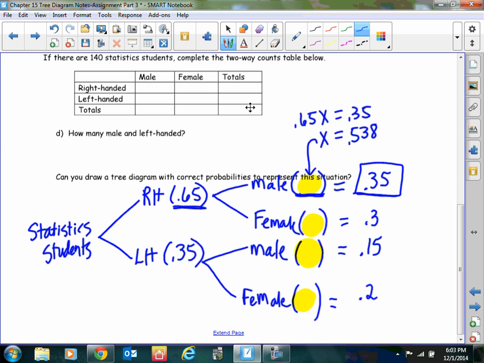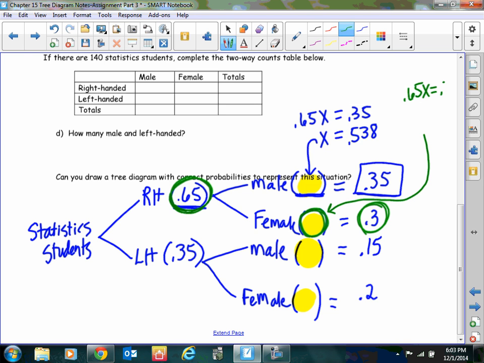Likewise, let's take a look at this female one. 0.65 times some number equals 0.3. When you solve for x, that number is 0.462.